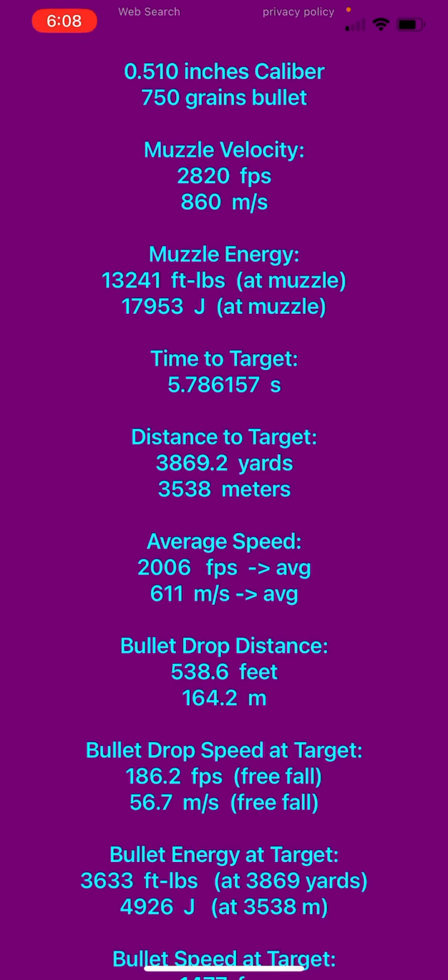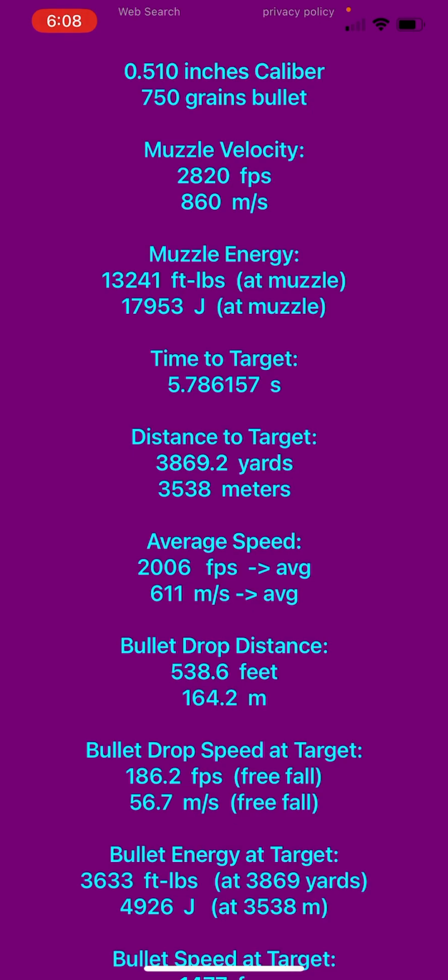Those are equivalent. They're just different physical units. And we have the time to target. This is the minimum time that the bullet can take to get to the target. Distance to target gives us the same measurement in both yards and meters, because sometimes you want to use yards, sometimes meters.